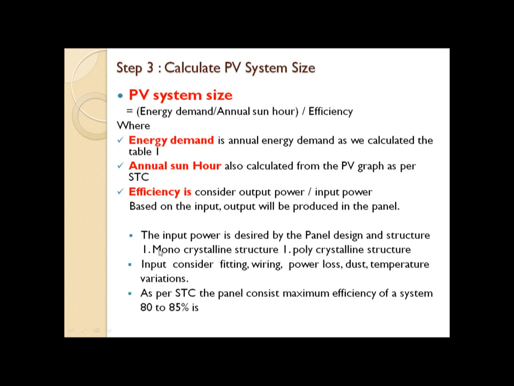The total system considers a minimum of 15% losses, and the system achieves efficiency up to 85%. So 80 to 85% is the maximum efficiency of a system. Here the system size is individual and the module size is individual. So you collect these three data and calculate the system size.